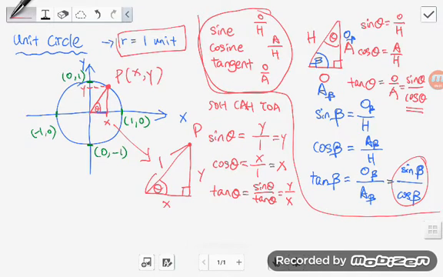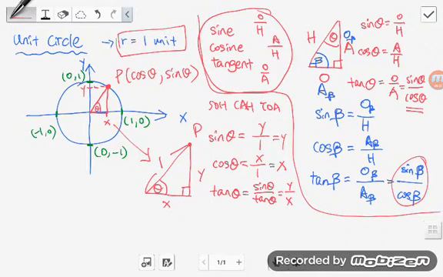Now, I already said x is equal to cosine theta, and y is equal to sine theta. So, instead of x and y, I can erase those and replace them with what I just found. My x is equal to cosine theta, and my y is equal to my sine theta. Got that? Okay.